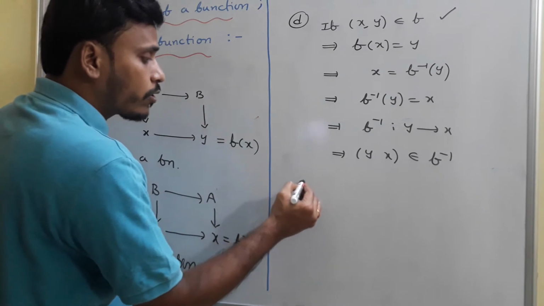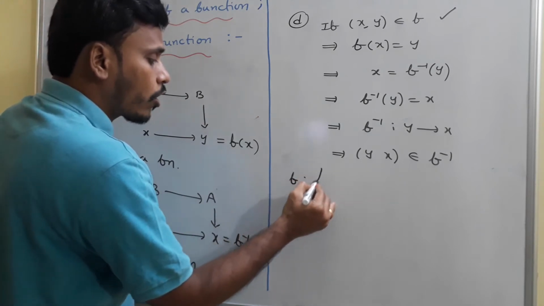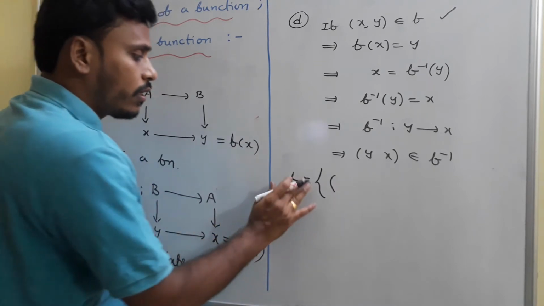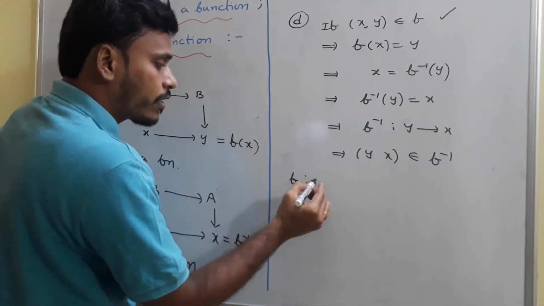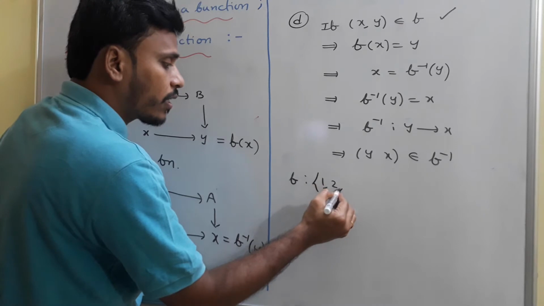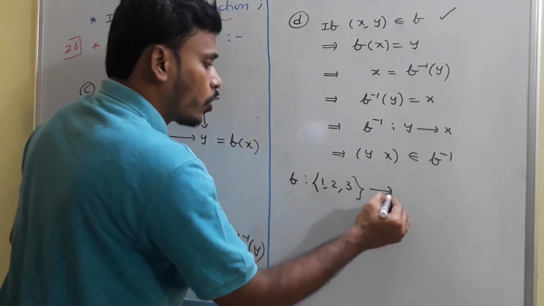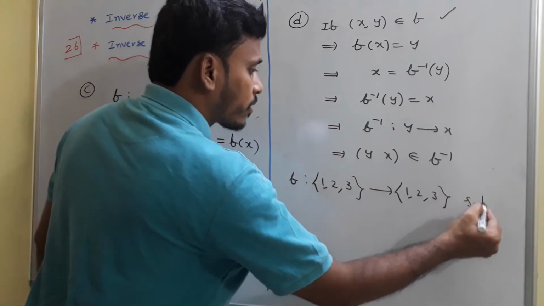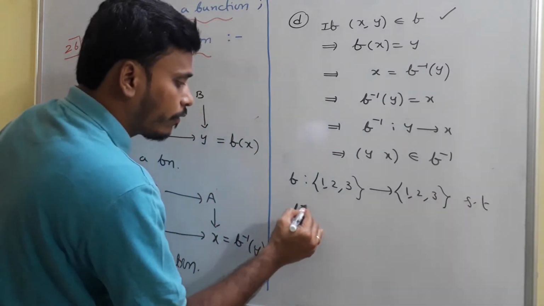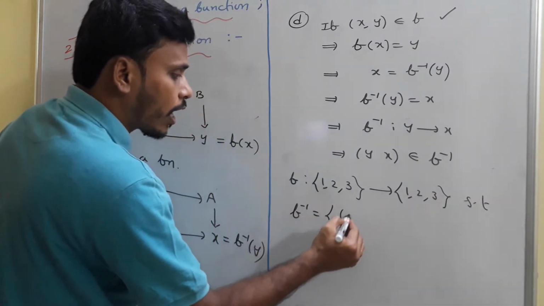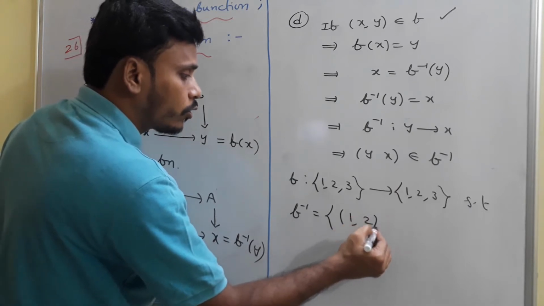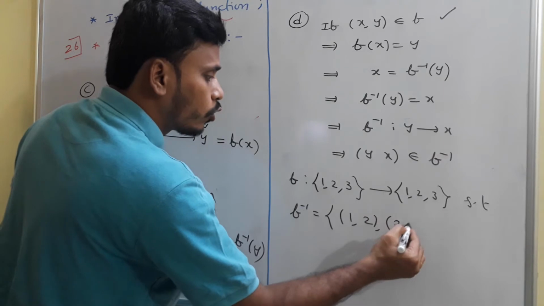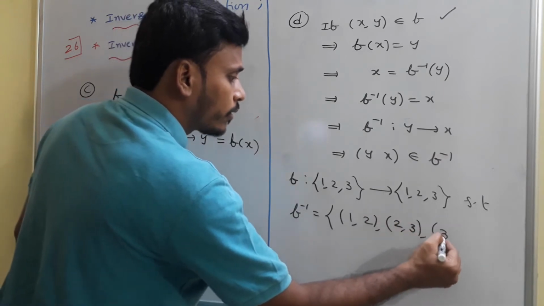Suppose I have a function f from the set containing 1 to 3 to the set containing 1 to 3, such that f is equal to the ordered pairs 1, 2, then 2, 3, and then 3, 2.